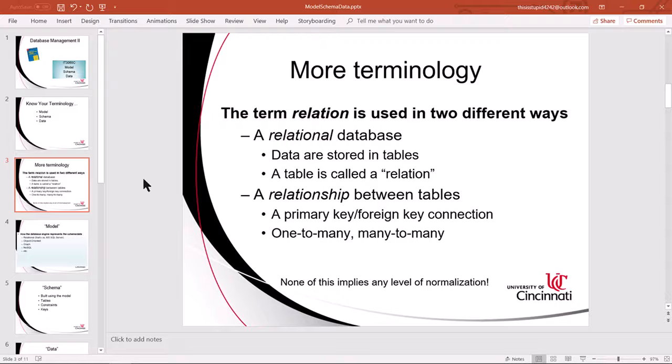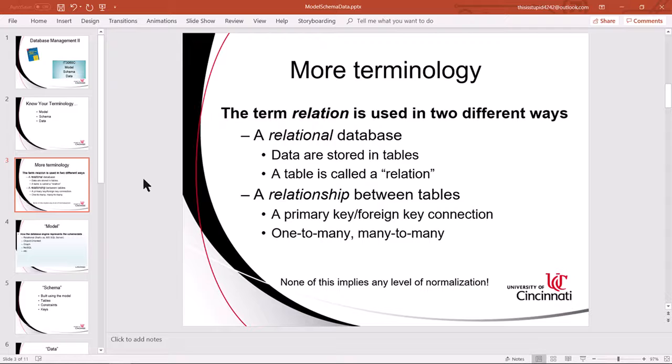If you go back to the original paper defining a relational database, and I encourage you to do that, you will find that a table is called a relation. This is a mathematical term. It has its roots in algebra and calculus, and it is commonly used throughout the database industry.